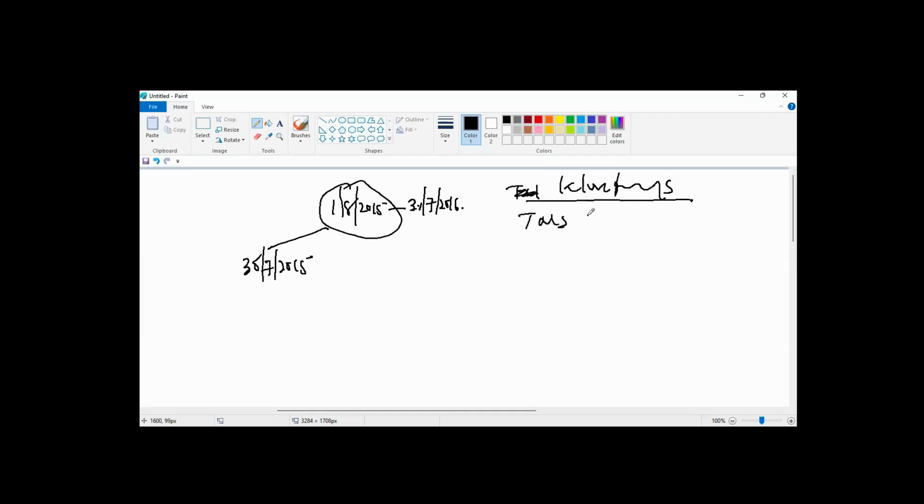Total number of shares equals the value of shares over the nominal value. Value of shares is 200, but he has given the nominal value in units to be 0.5. So this will give me 400. That is what he's saying.